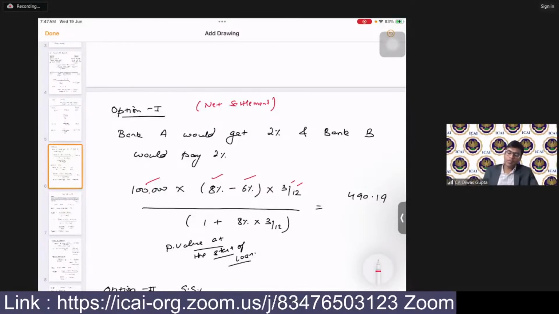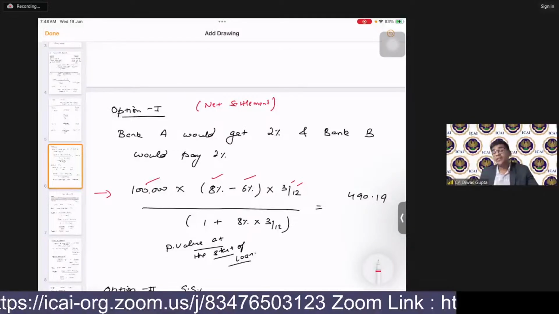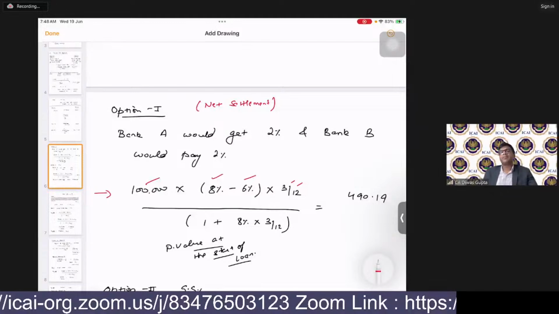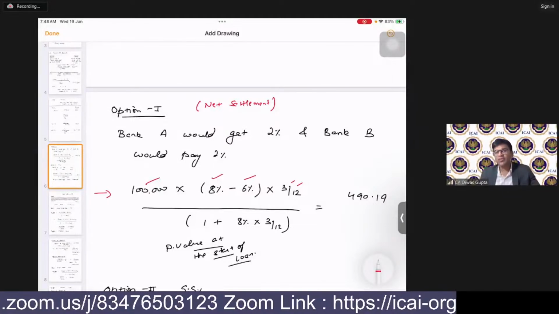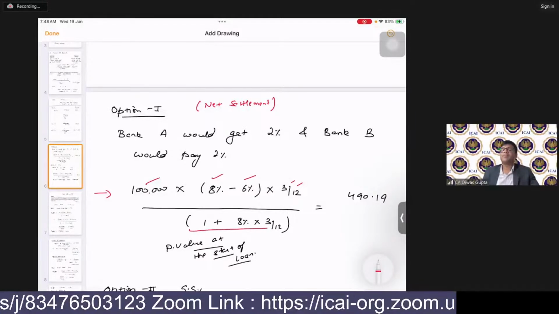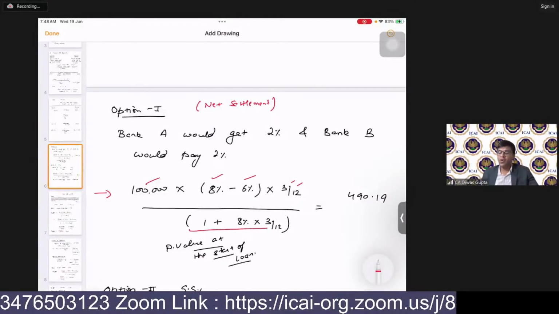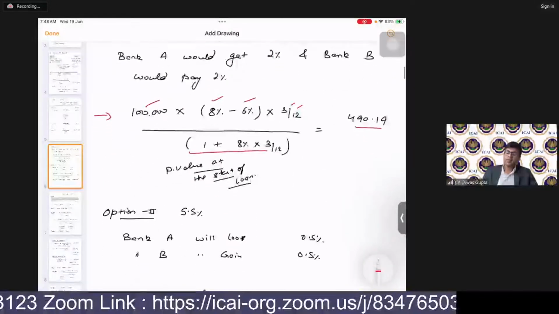And if you see only the numerator part, this will give you the value after 3 months, right? We have to arrive at the value at the start of the 3 months. So this is the present value factor that will get adjusted for, and hence 490 becomes my net payoff.